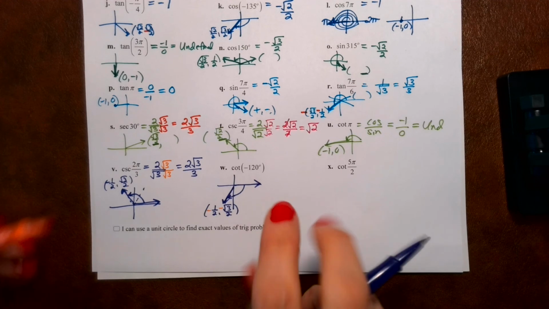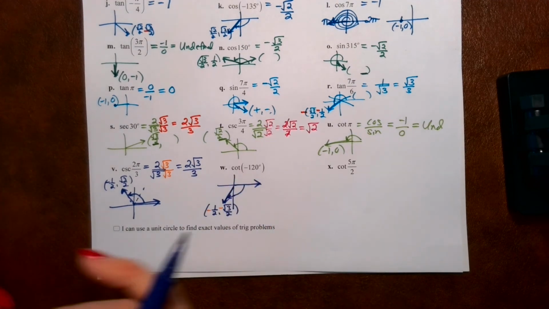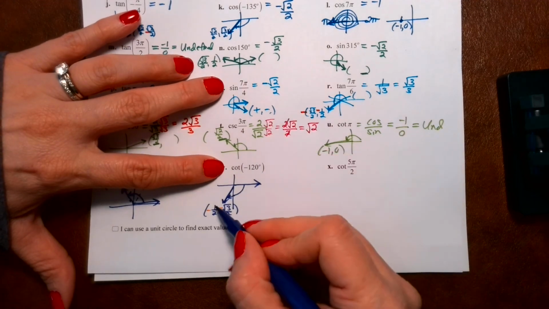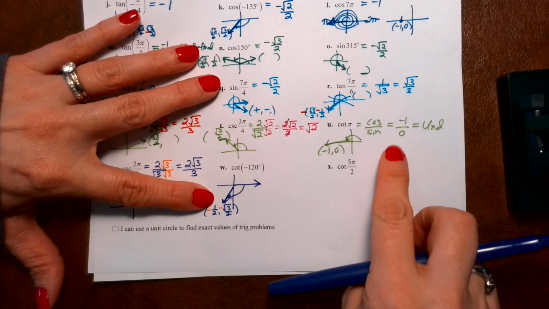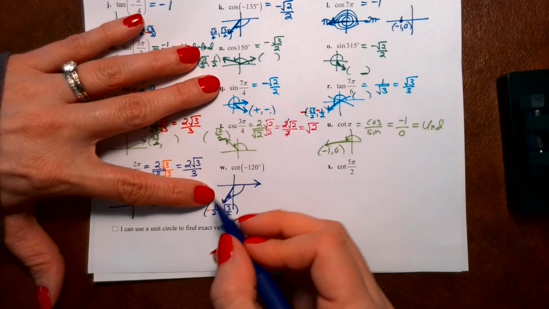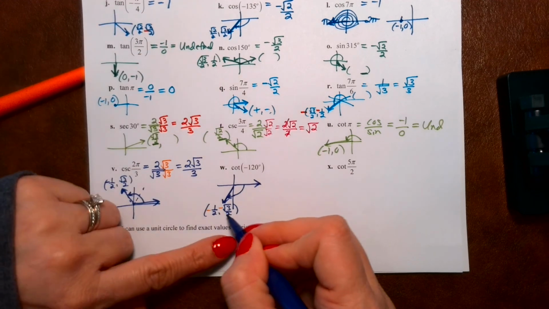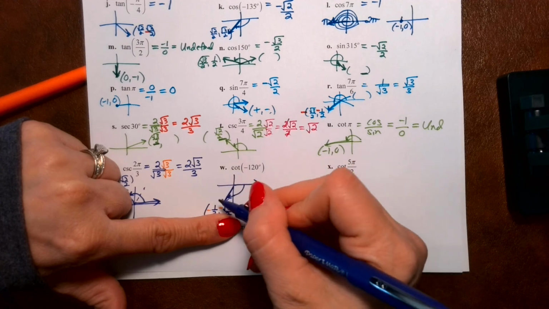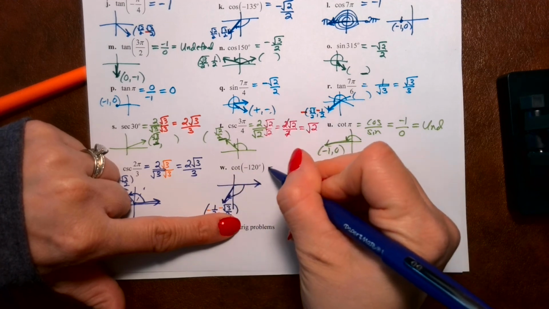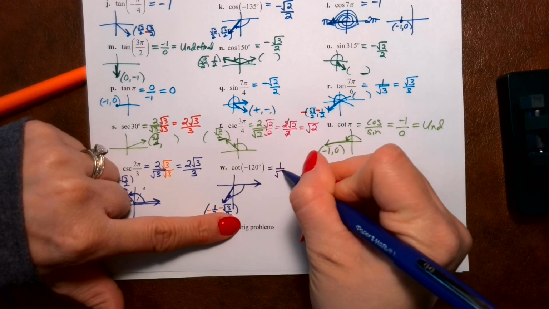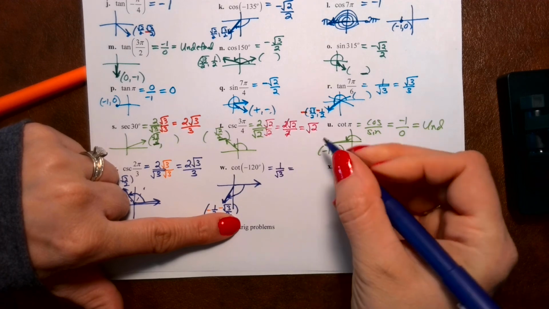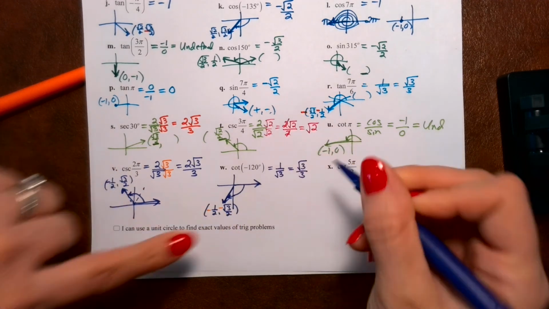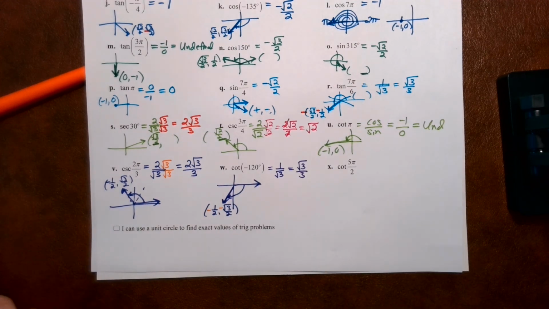Now how do I do cotangent? It's not sine over cosine. It's going to be cosine over sine, like we did over here. So for the cosine over sine, I know the 2's cancel, so let's skip that step. And then we have 1 over radical 3. How do we write that? Radical 3 over 3. Rationalized, of course.